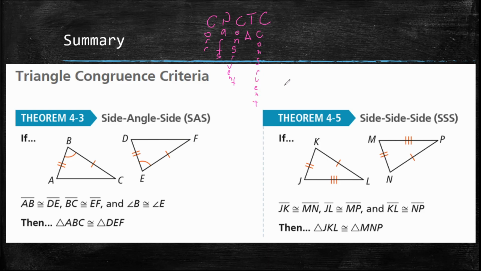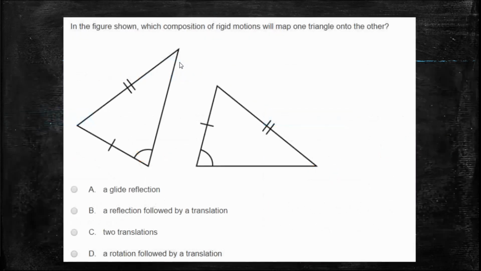CPCTC is a little much to remember. This corresponding congruent is a bit confusing to remember. So cool people can teach calculus is easy to remember, and then you can get it filled out. Just remember congruent always goes for the last two C's.